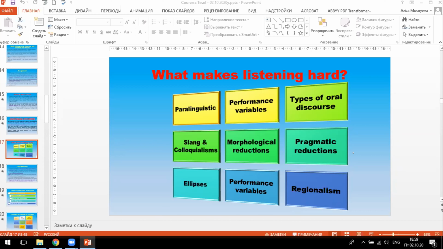And the last one is regionalism. It is a kind of slang that is common to particular regions. As you said, for example, American English can be different from British English or Australian English. And also in one country, there may be different slang as well. For example, in Great Britain, they have different slangs.